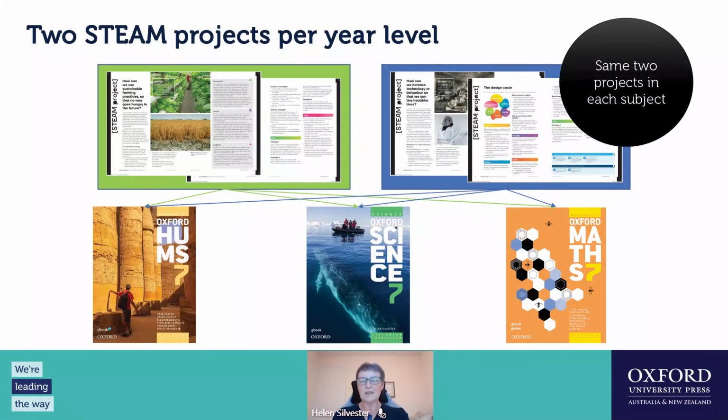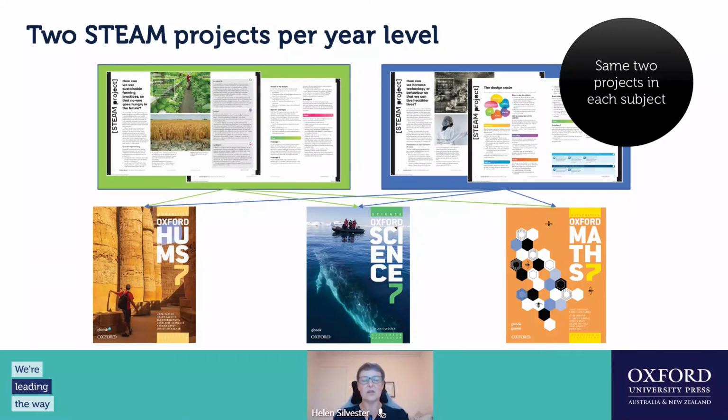So one of the key things thinking about when trying to develop this whole project was to think about how many we needed for each year level. And given that problem-based tends to be a bit broader, more open-ended, students can come up with multiple different answers. Project-based, they tend to end up building the one type of project.